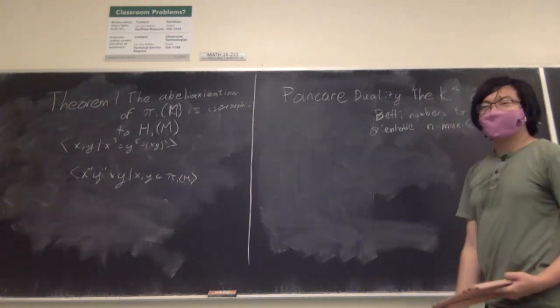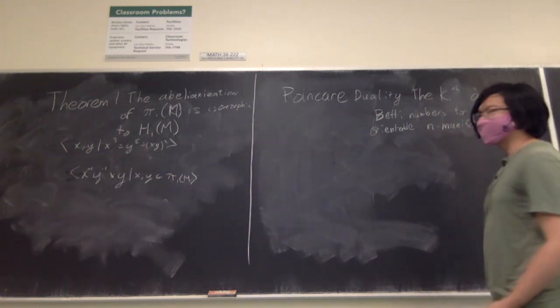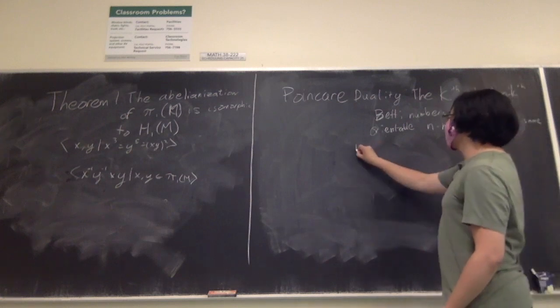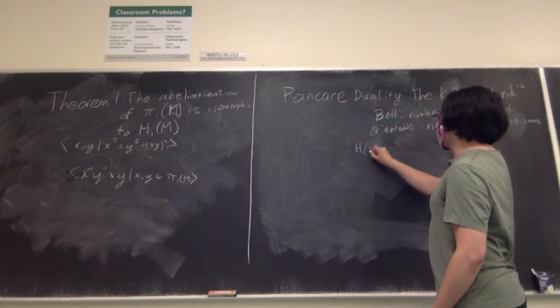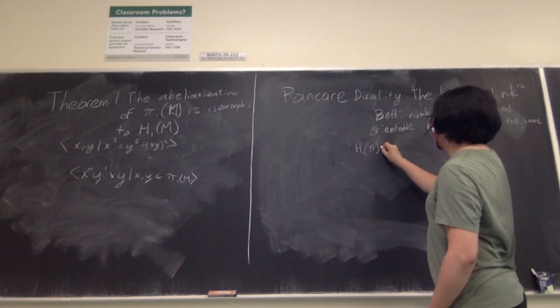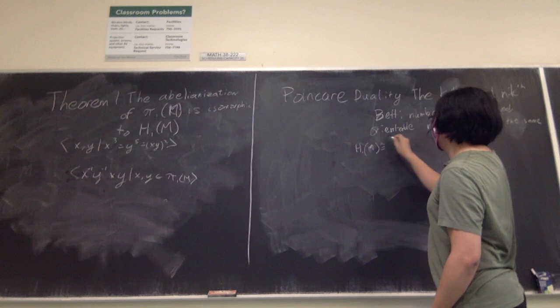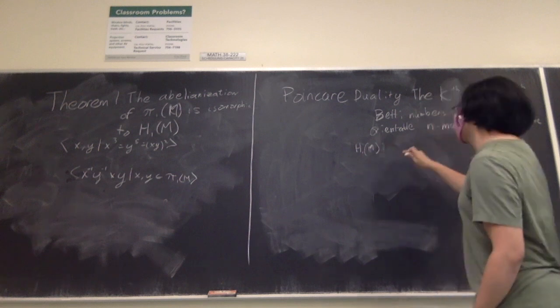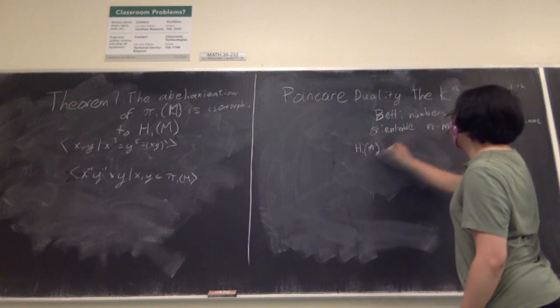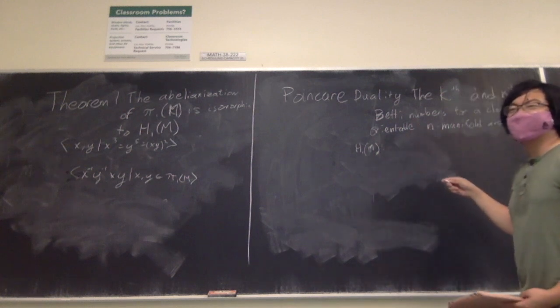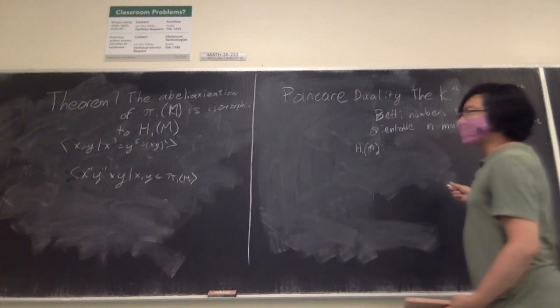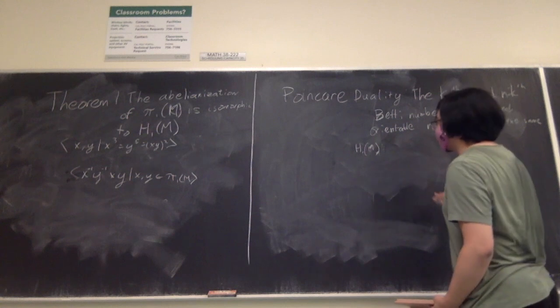So in our case, since the homology sphere is a 3-manifold, we get that H1 of M has the same rank as H2 of M, because if you recall, the Betti numbers are just the rank of the corresponding homology group.